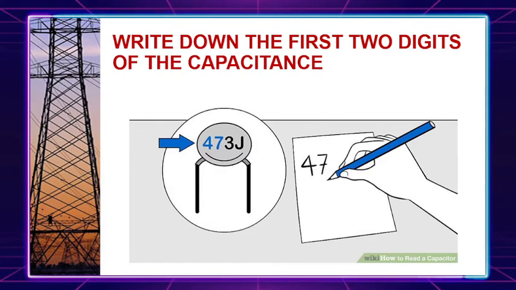To start, write down the first two digits, then decide what to do next based on your code. So if your code starts with exactly two digits followed by a letter, for example, 44M, the first two digits are the full capacitance code. So skip down to finding units. If one of the first two characters is a letter, skip down to letter systems. If the first three characters are all numbers, continue to the next step. To know what I am saying, let's proceed to the next slide.